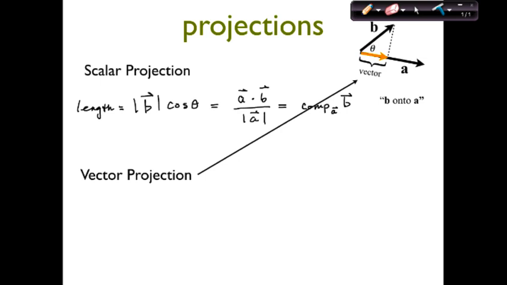So this is a problem we've seen before. How do you find a vector in the direction of another vector at a specified magnitude? Remember what to do? What do we do first? Find the unit vector in the direction of A. And then we'll multiply it by the length that we want.